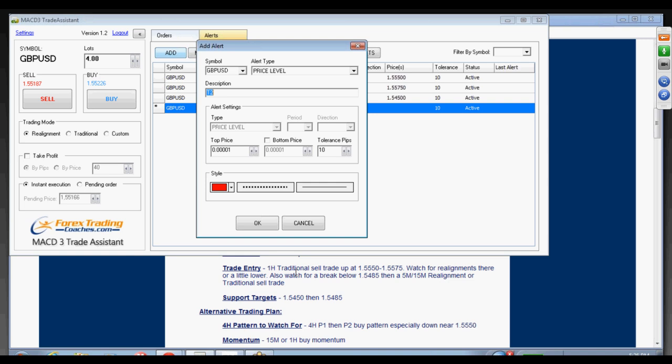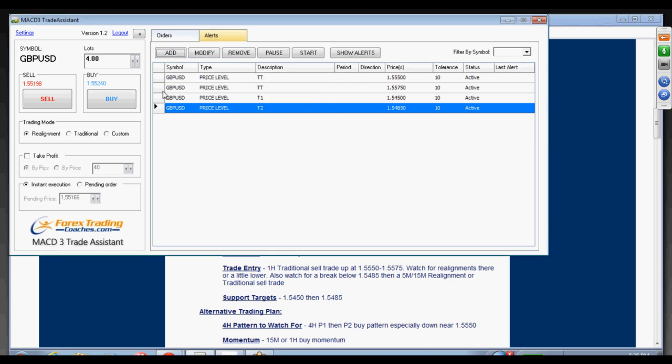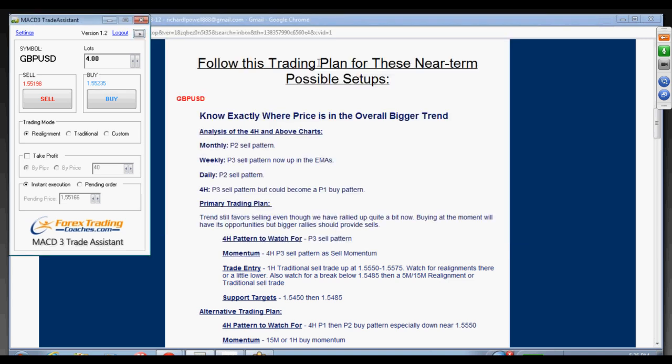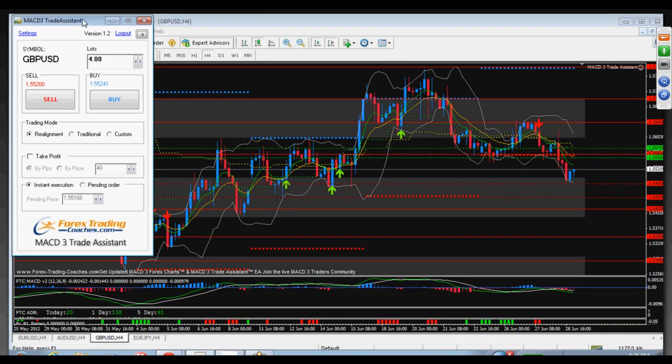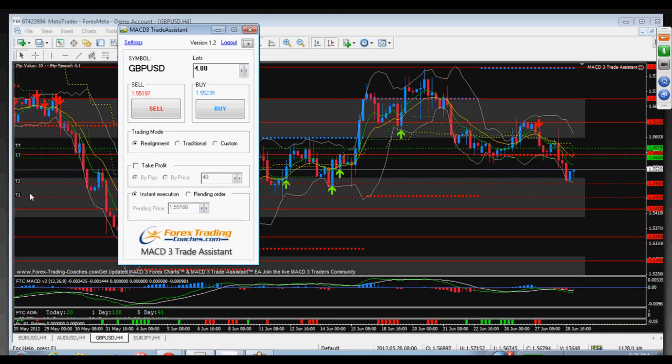It's red as well, and that's down here, and that's 1.5485. Type that in. So I've got my targets down there, and we can check them here, and it shows T1 and T2 right here for my targets.